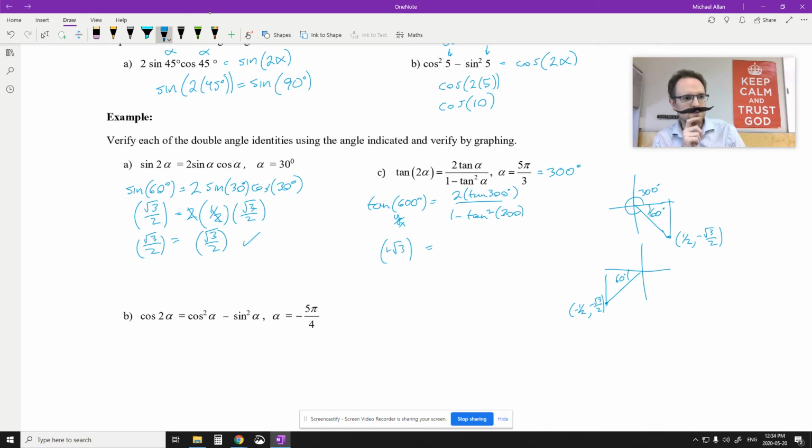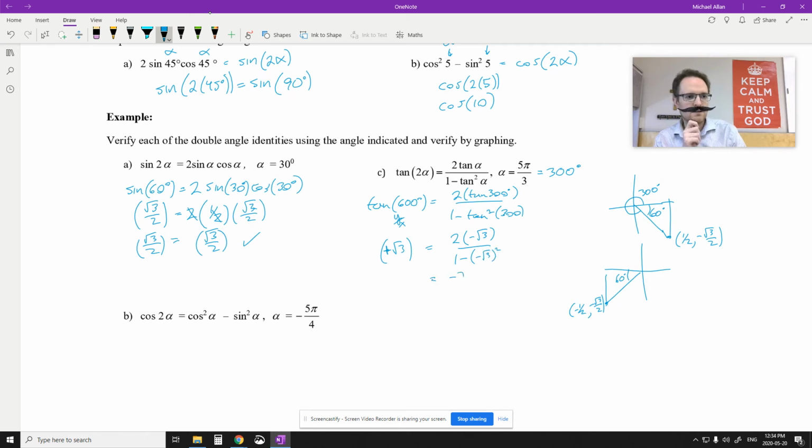Nope, positive root 3, because they're both negative, sorry. Positive root 3. Over here, we got 2 times negative root 3 divided by 1 minus negative root 3 squared.